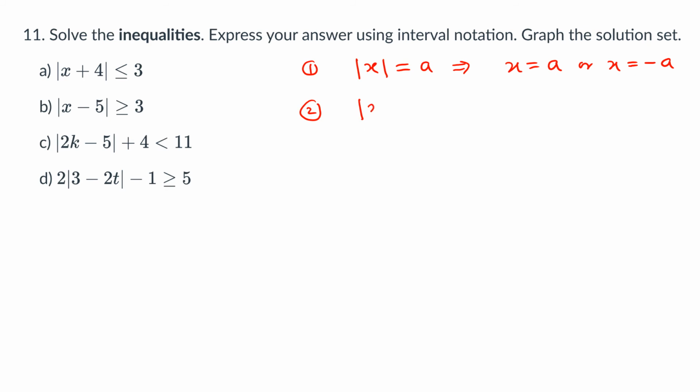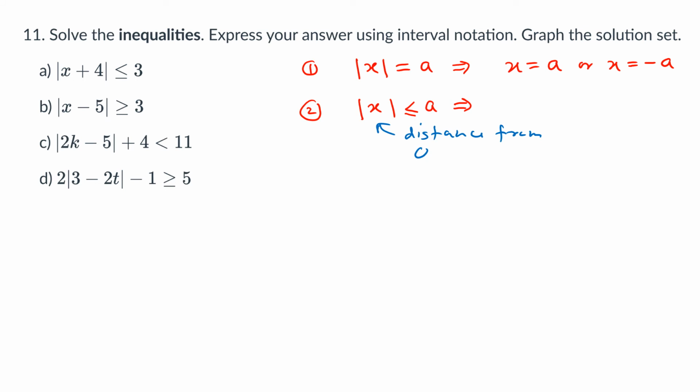The second one is absolute x less than a, or less than or equal to a. If you have the equal sign, you put the equal sign. If you don't have the equal sign, you remove it. That's it. What this says is that the absolute value means the distance from the origin to the x value. So this is the distance from 0, from the origin. It says that the distance is less than a.